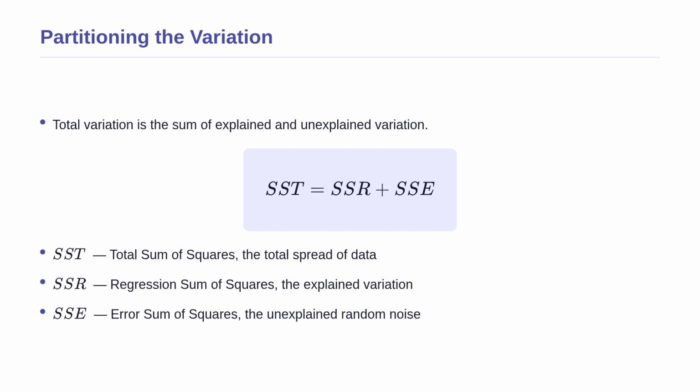SSR is the regression sum of squares, representing the portion of the spread that our mathematical model successfully captures. Finally, SSE is the error sum of squares, representing the random noise or mistakes our model makes. As SSR increases and SSE decreases, it means our model is doing a much better job of explaining the real-world data.